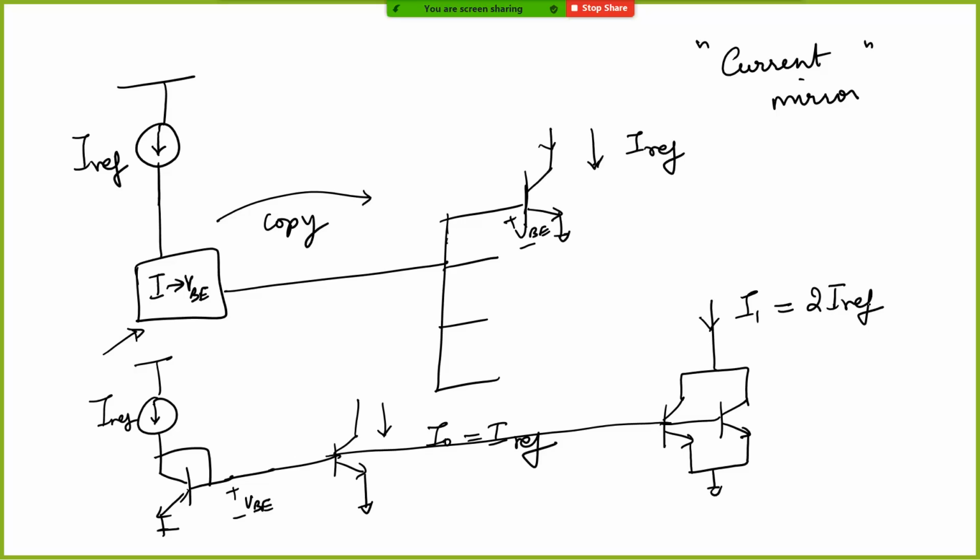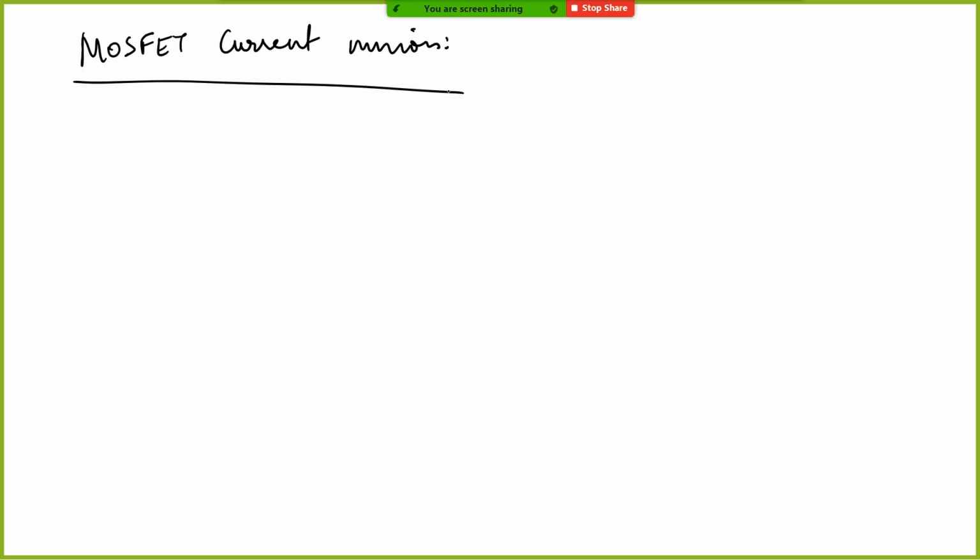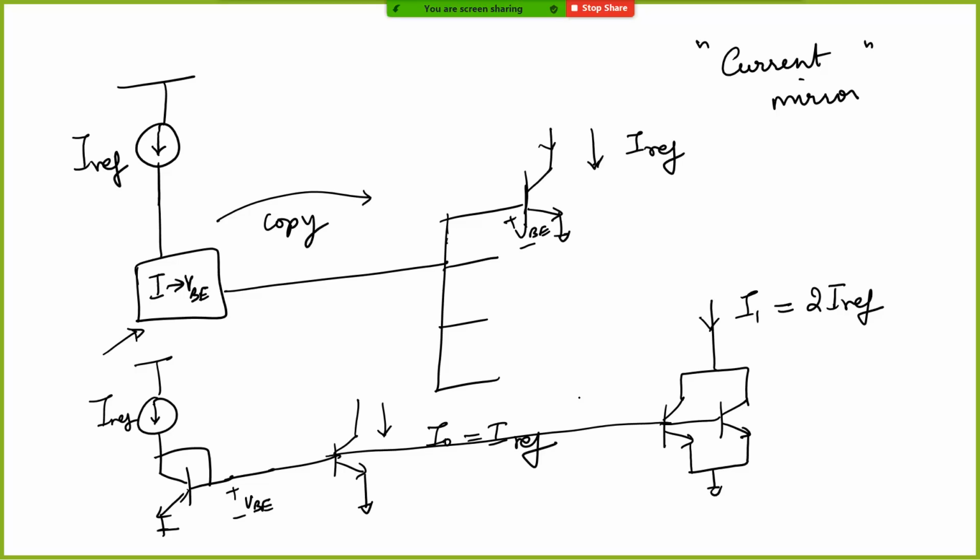Now the same thing can be done using MOSFETs. So MOSFET current mirrors are also there. Now some of you might look at this circuit and say, okay, there is a small problem.